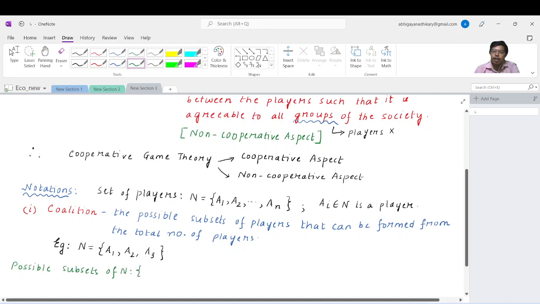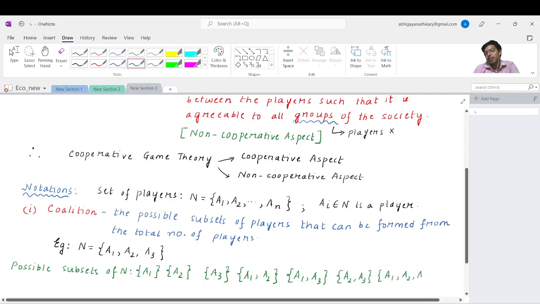It can be player A1 alone, player A2 alone, player A3 alone, right? They don't want to cooperate with someone else, they want to work independently. Players 1 and 2 might decide to cooperate, so this is another subset. Players 1 and 3 decide to cooperate, this is another subset. Players 2 and 3 decide to cooperate, this is another subset. And all the players decide to cooperate, this is also another subset.